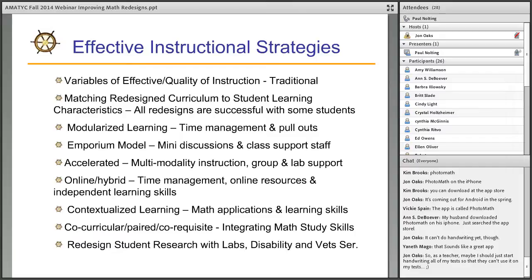Also, what I found out with modular systems, if you put them in the modular system, have them do the work independently, and don't pull them out, it doesn't work as well. I worked with one college in, I'll say South Florida, I'll leave it at that, and they actually did a modularized system by putting them in a classroom that was in the lower level of the building.